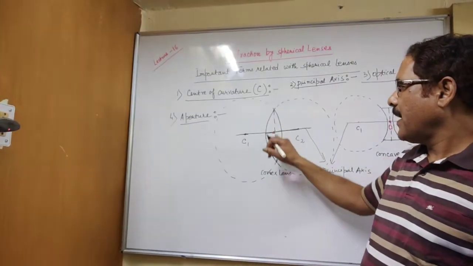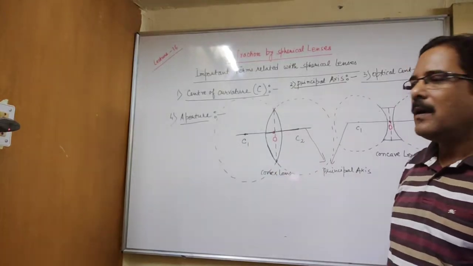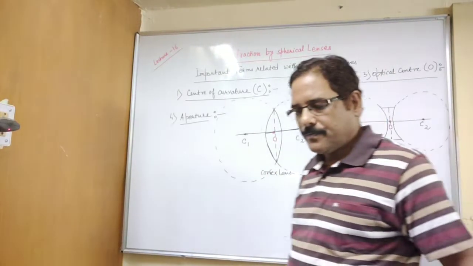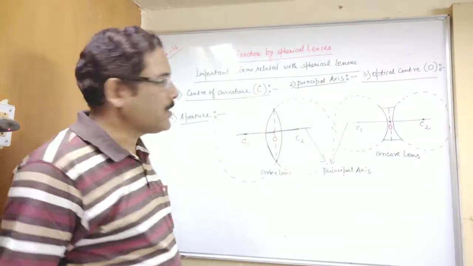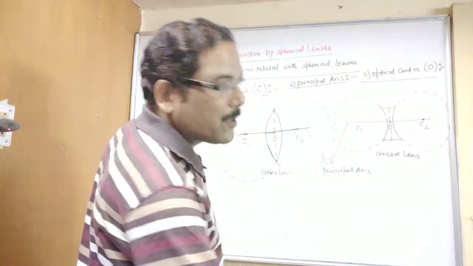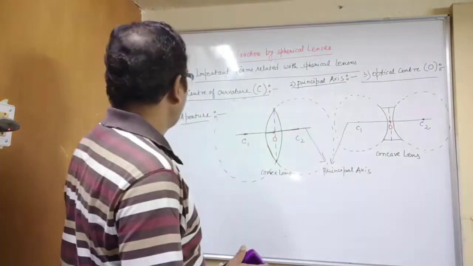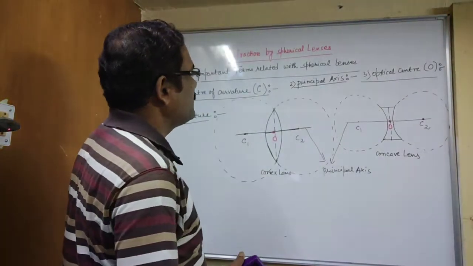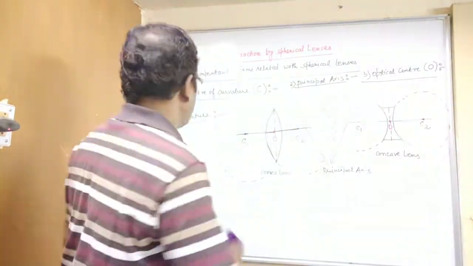So the effective diameter of the circular outline is called its aperture. So these are the 4 terms. 2 more terms are there, and we have to draw another diagram to discuss them. The terms are principal focus and focal length of the lens.